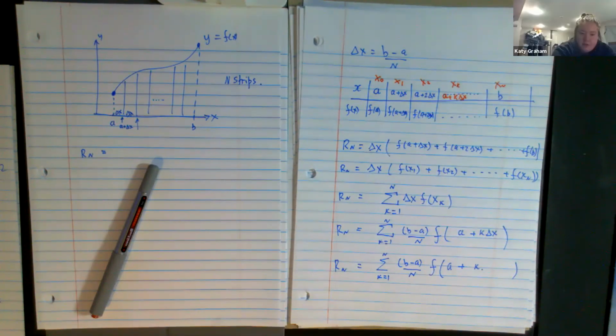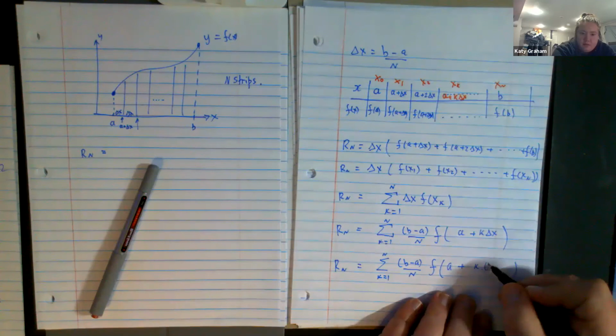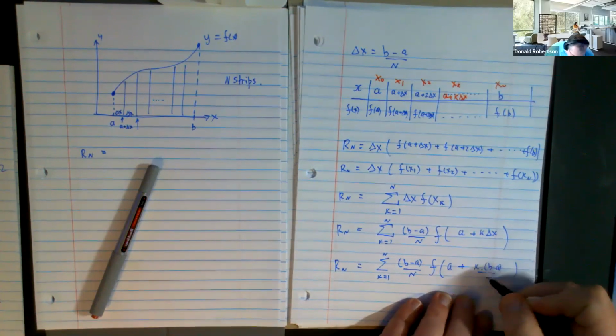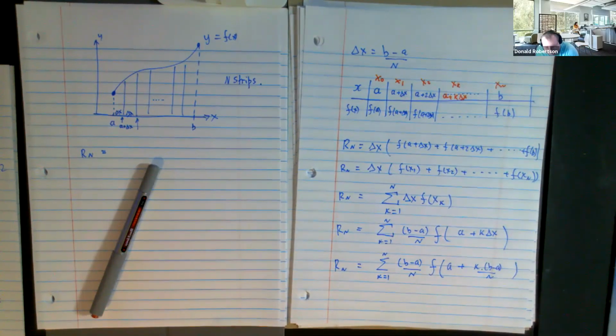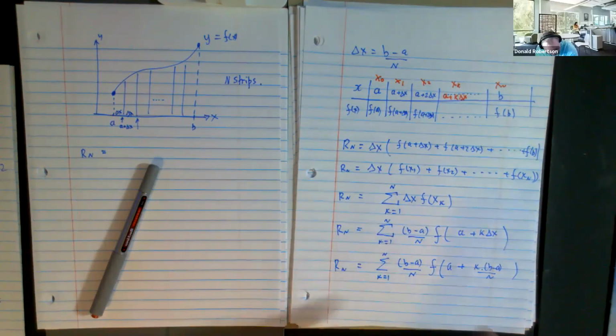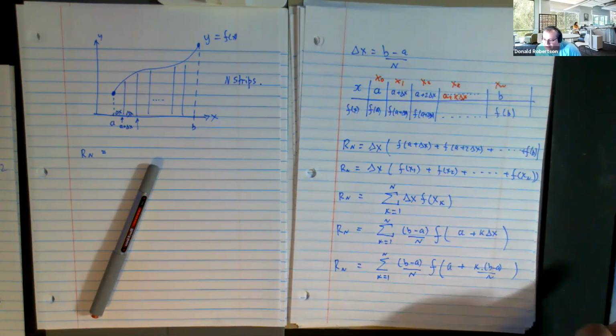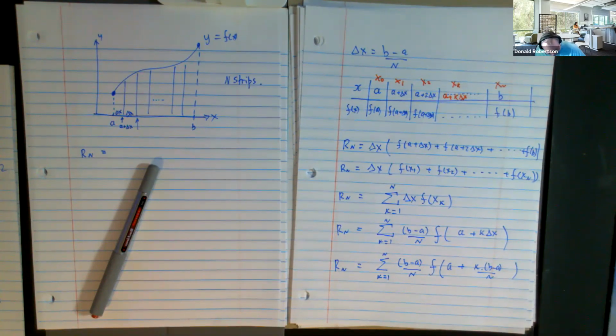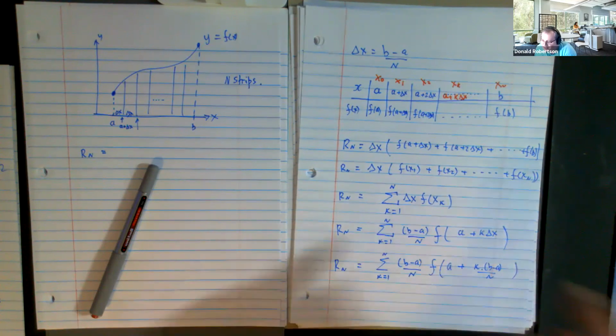B minus A over n. Agreed. Would you agree that is the ugliest looking thing you've probably seen for ages? Yes. But that is the general version of every Rn that you could ever do. See, if I start telling you stuff, A is 10, B is 40, n is 5,000, f of x is x cubed, couldn't you plug it all into this and you'd eventually get an answer?